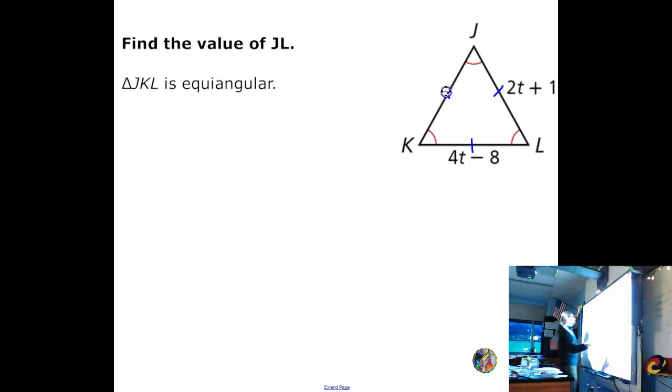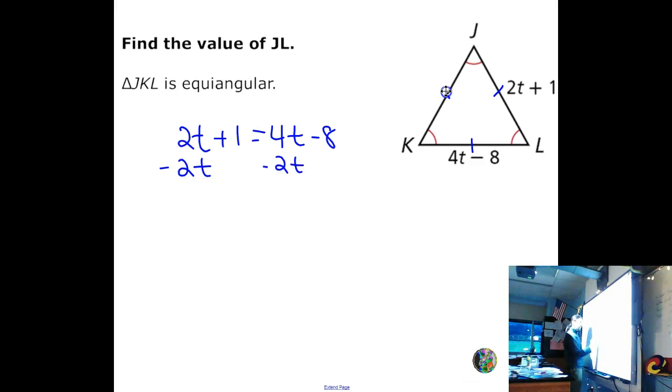If that's true, it says find the value of JL. I'm not leaving until I know what JL is. I need to set it up. 2t plus 1 equals 4t minus 8. Let's get all the t's together. So I've got 2t minus 8 equals 1. I'm going to add 8 to both sides. And then I've got 2t equals 9.